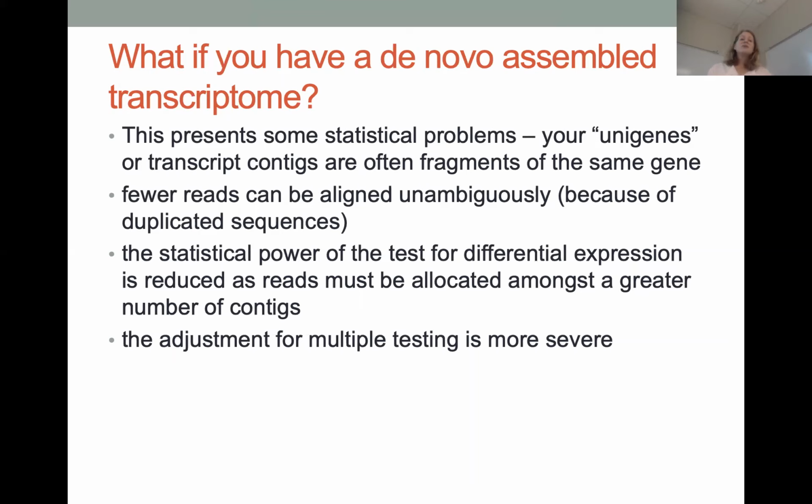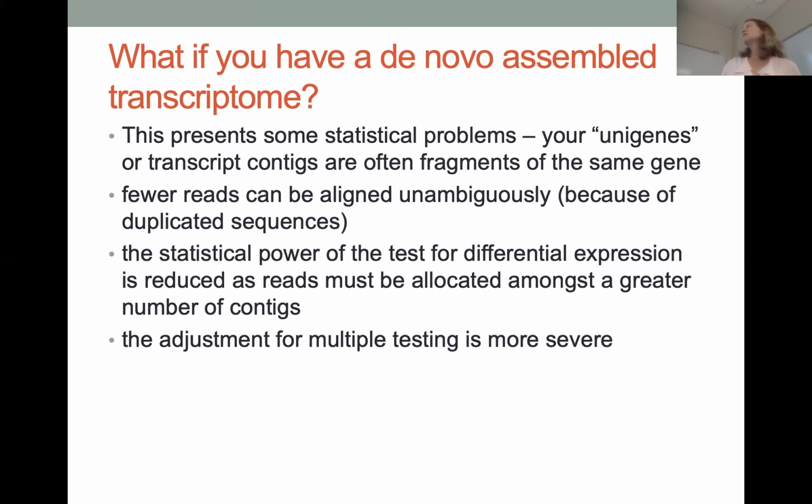If you have a de novo assembled transcriptome, statistically, this really presents some problems because transcriptome assemblies are rarely very good, especially if they're generated solely from short reads. So usually a lower percent of your reads can be unambiguously aligned, and you're losing statistical power there.